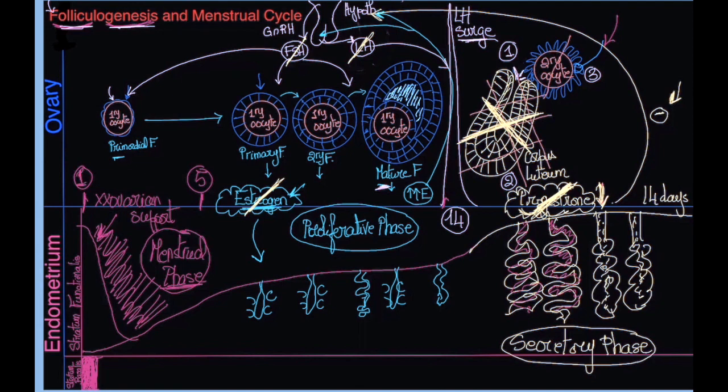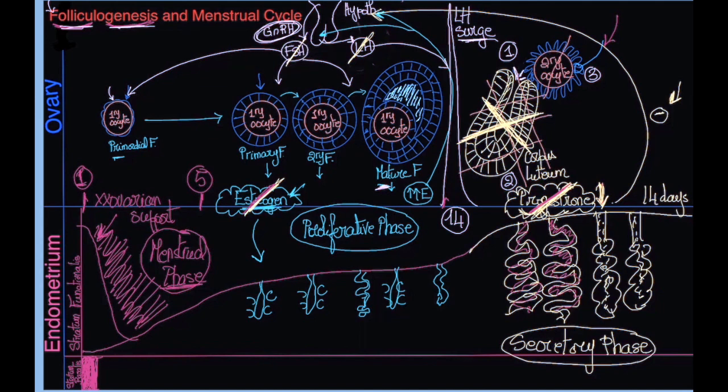So how would I respond as a hypothalamus to this drop in all the ovarian hormones? I don't have progesterone, I don't have estrogen. So how will my hypothalamus respond? The hypothalamus will start to produce GnRH another time. GnRH will stimulate the anterior pituitary gland to release FSH.